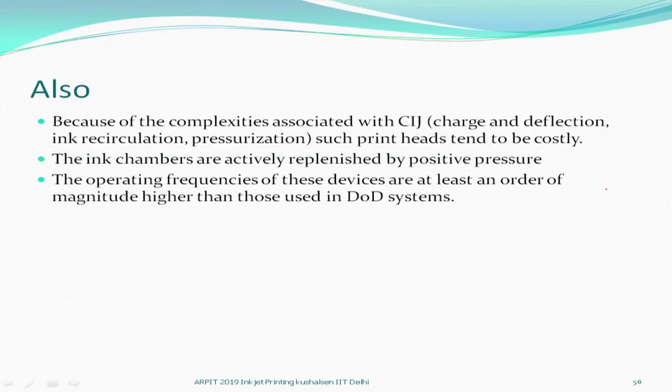The continuous inkjet systems, because of deflection systems to be there, positive pressures have to be created, ink recirculation has to be done, the print heads are generally more costly. Although in smaller areas more chambers can be fixed, overall it becomes a little costly.